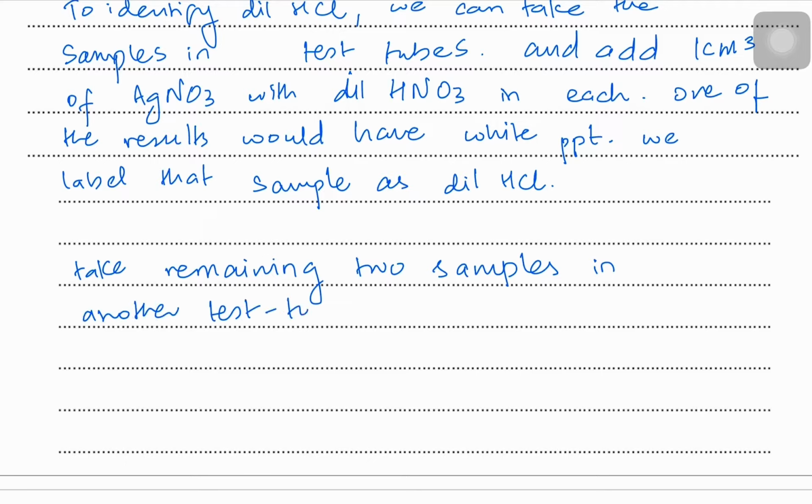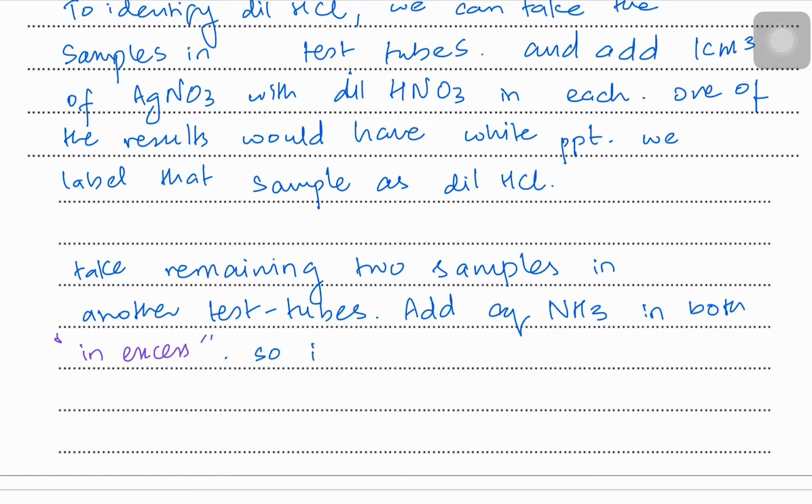Now we are concerned with identification of aluminium and zinc. Add aqueous ammonia in both in excess. Don't forget to write in excess, because excess ammonia makes insoluble white precipitates with aluminium.